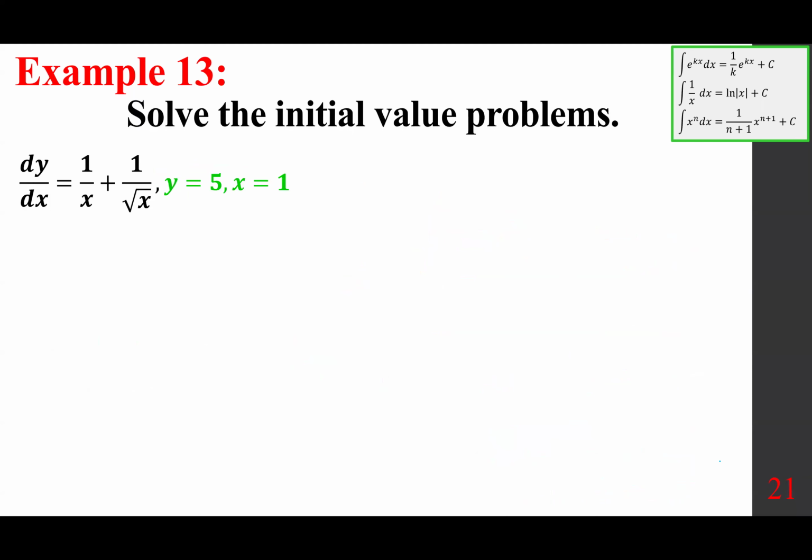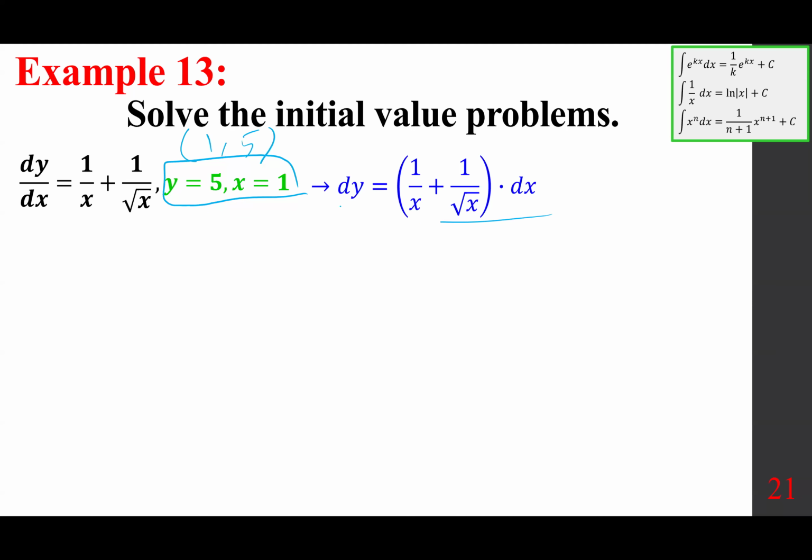Another example of an initial value problem, and we are going to ignore the fact that we are given a pair, 1, 4. Ignore it. Just do the math. This needs dx so we can integrate.